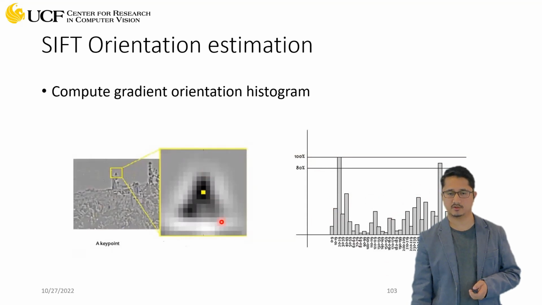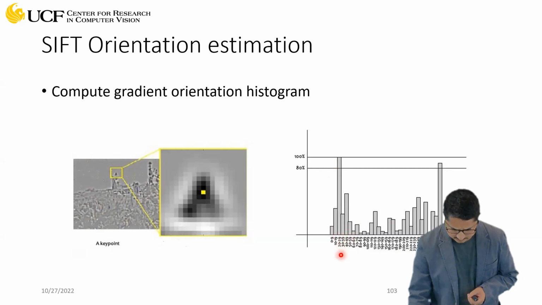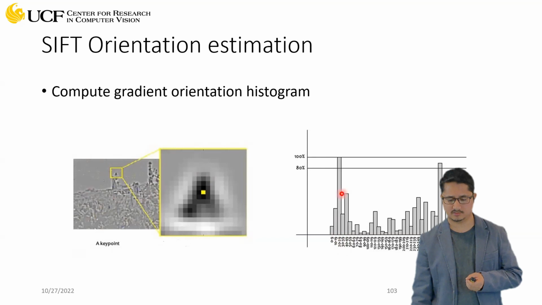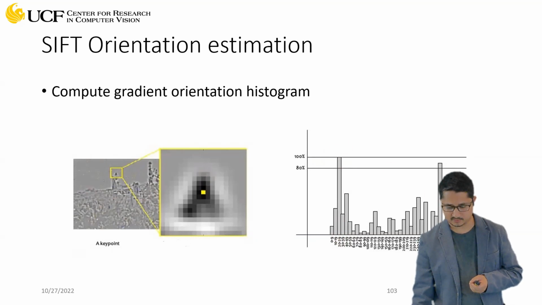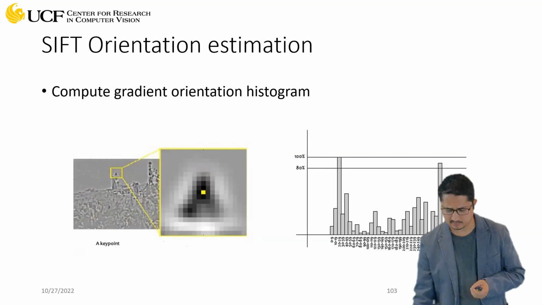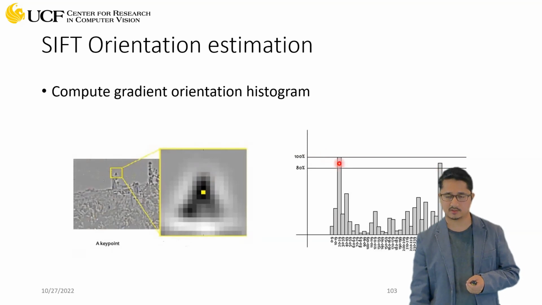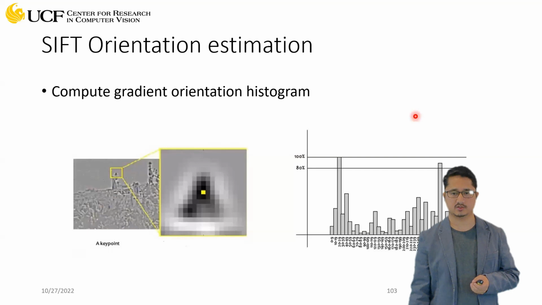For example, for this particular patch, you will have all these pixels, and for every pixel you will have some kind of orientation. This is just showing the histogram of that. You can see that multiple pixels have this orientation, let's say the 20 to 29 bin. Again, a lot of pixels have this orientation over here, which is, I think, around 300. So these two are the most prominent orientations for this particular patch.